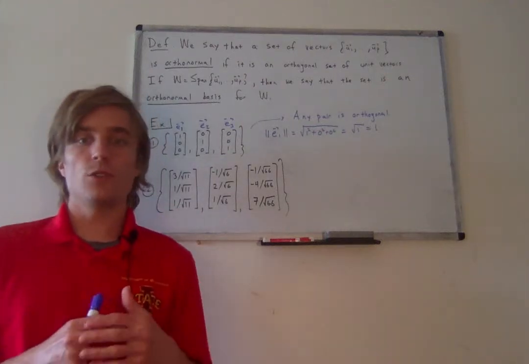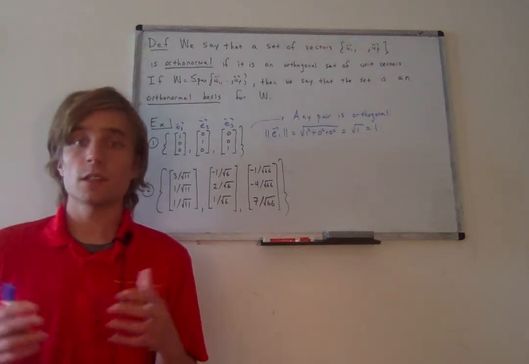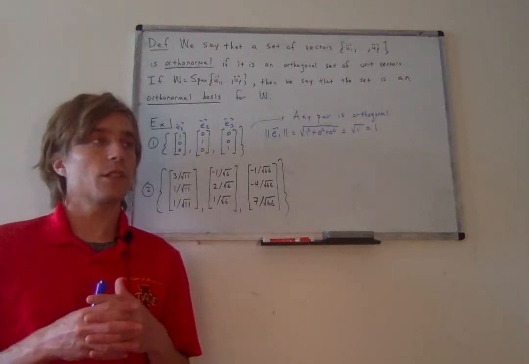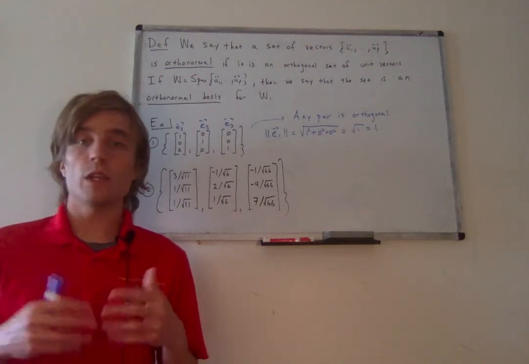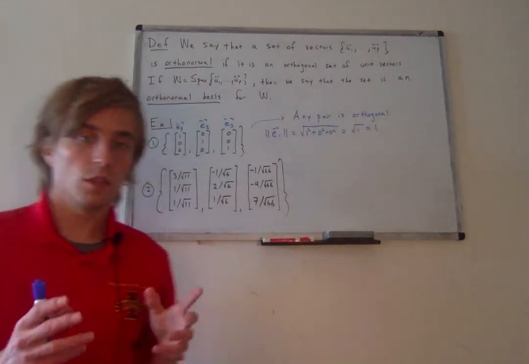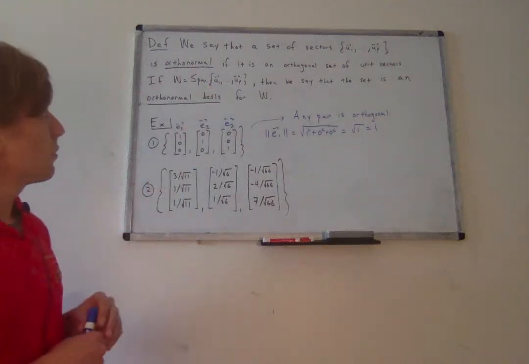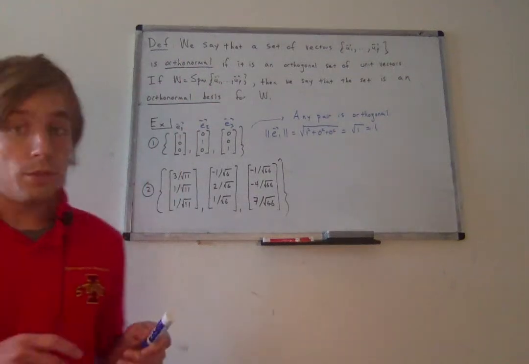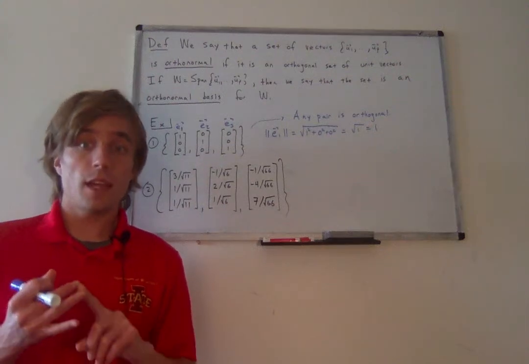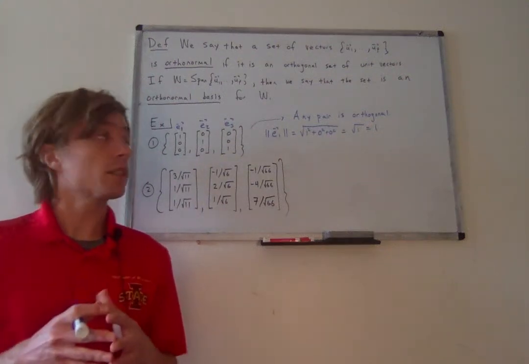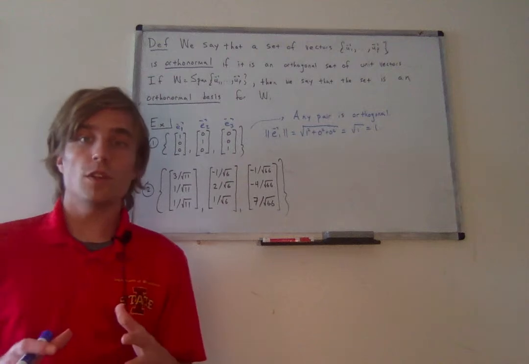I want to return now to the idea of orthogonal sets, but narrow our focus even more to orthogonal bases. We say that a set of vectors is orthonormal if this set is orthogonal and, restricting our focus, a set of unit vectors.